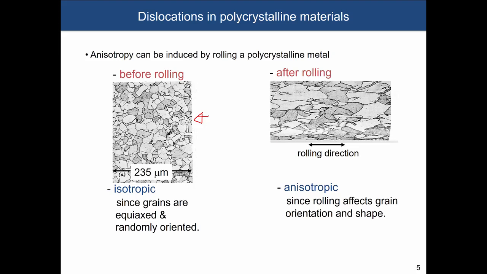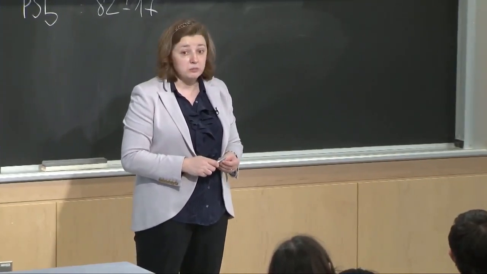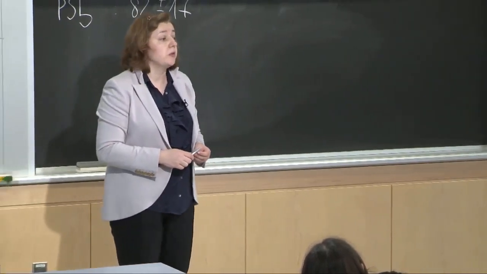So starting from the isotropic case, where the orientation of the grains is random, you come to a situation where it is not random anymore, so it's an anisotropic case. This type of strengthening processing and strengthening mechanism using grain engineering is very, very common in the materials science of metals and other materials.